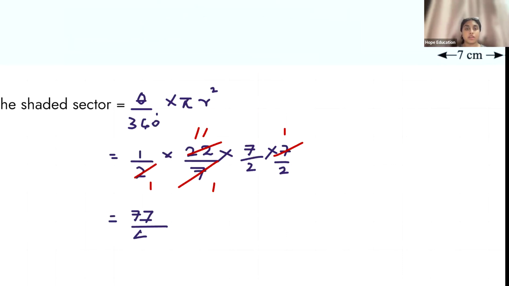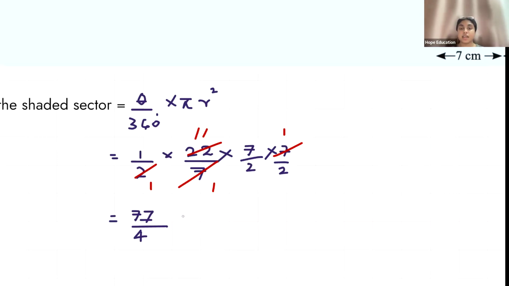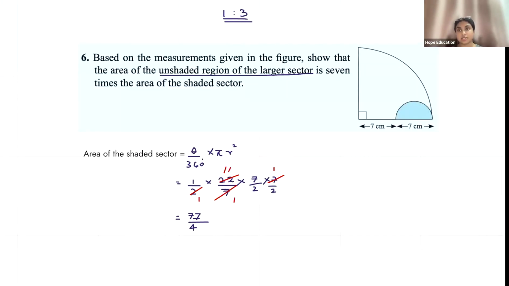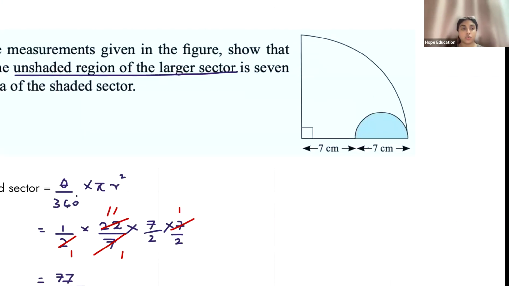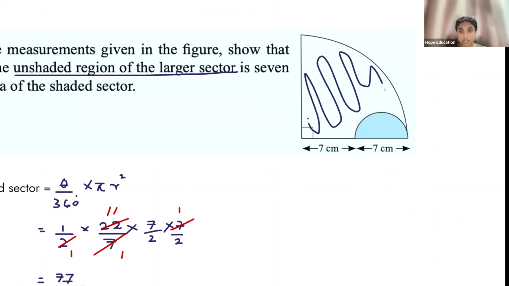Unshaded region of the larger sector. Before I find the unshaded region of the larger sector, I have to find the area of the larger sector, and from that I have to subtract this part. Then only I get the unshaded region. Okay. So I will say area of the larger sector.